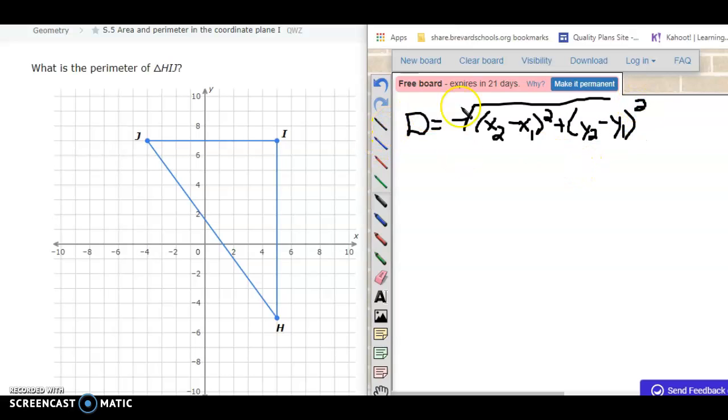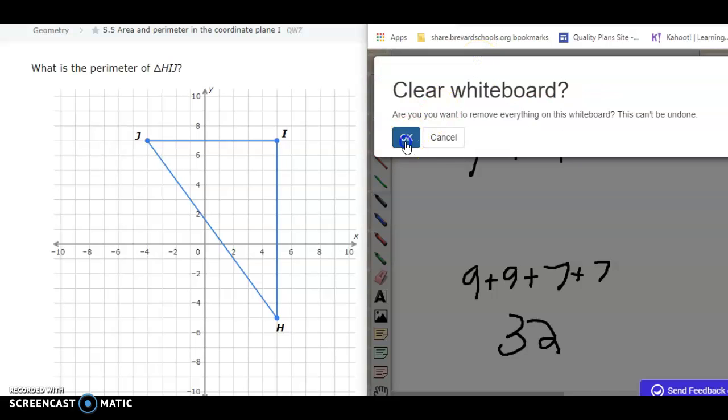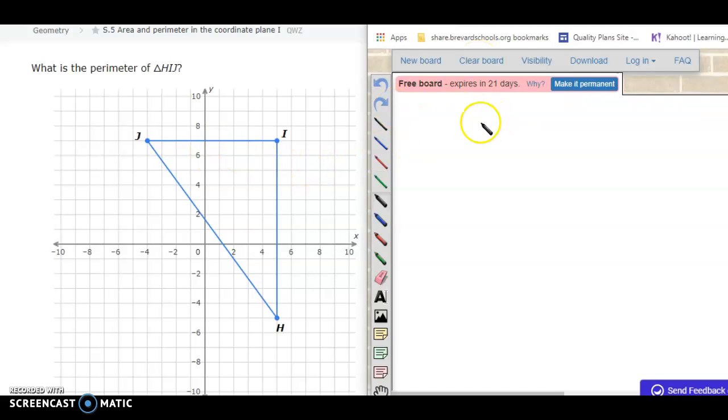Okay, so my x's and my y's, those are coordinates. So I need to find the coordinates of the 2 points. If I find my coordinates of J, that is -4, 7. Then I find the coordinates of H, and that is 5, -5.